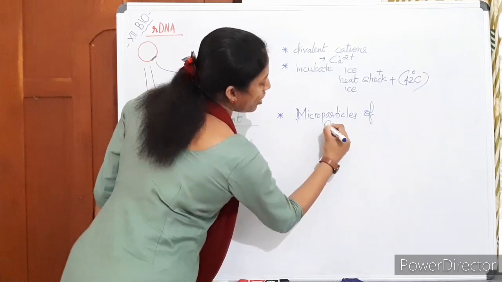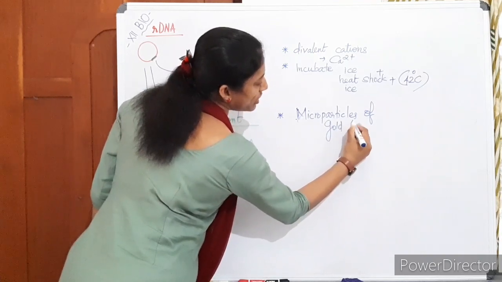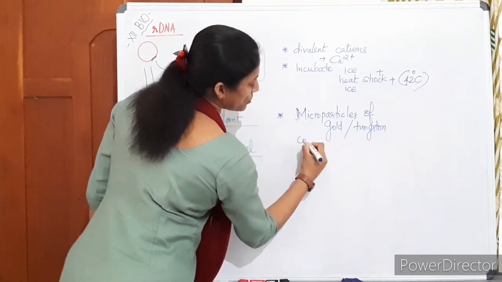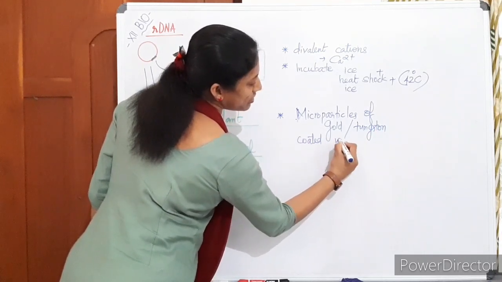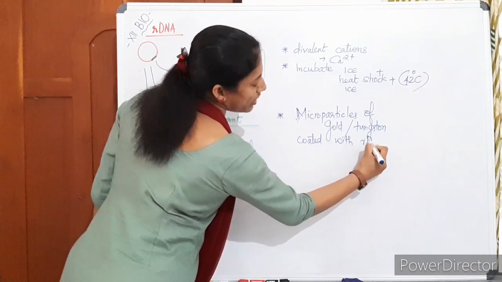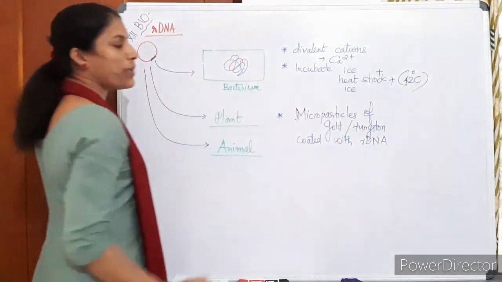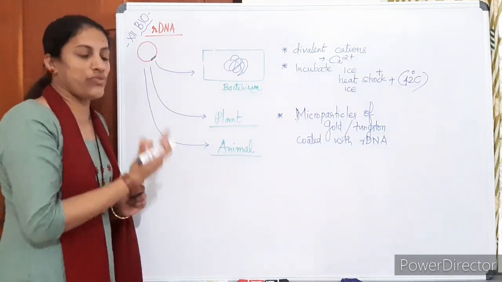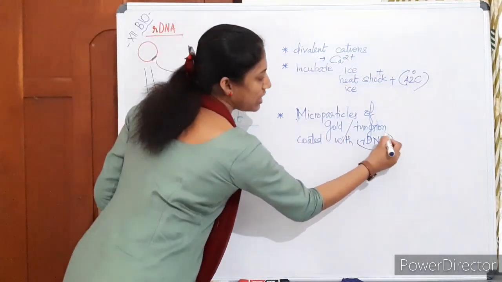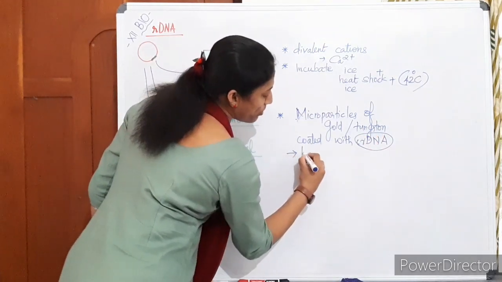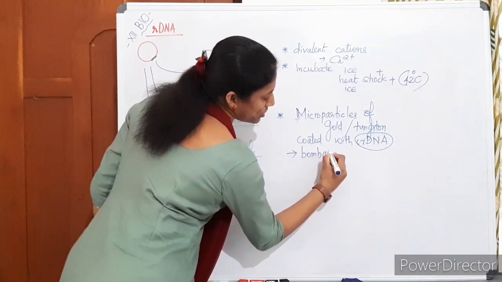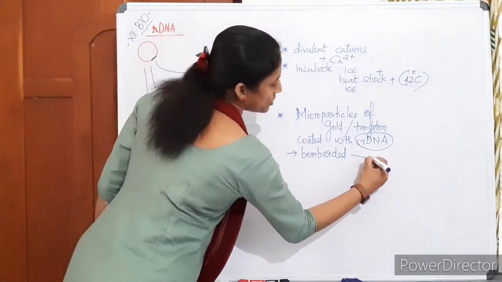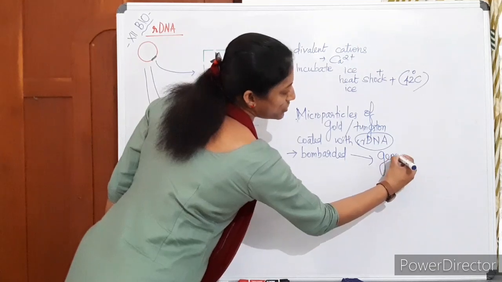These microparticles coated with our rDNA are shot or bombarded into the plant, using a device called a gene gun.